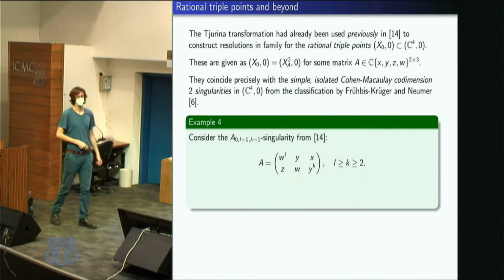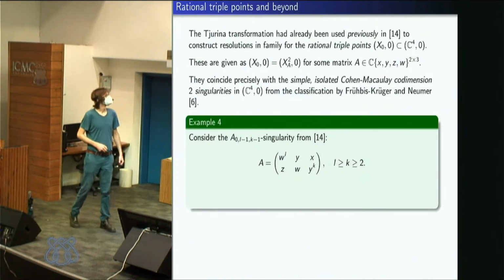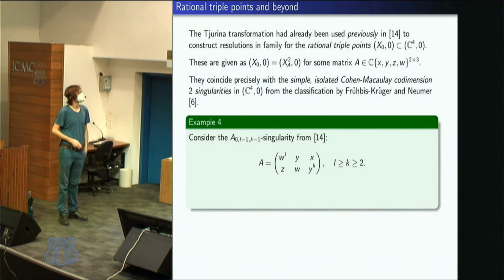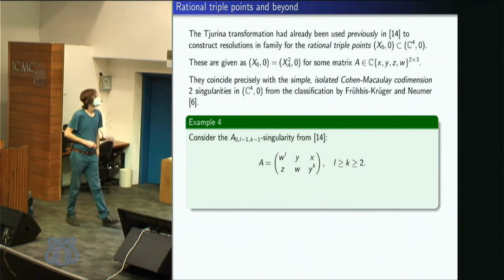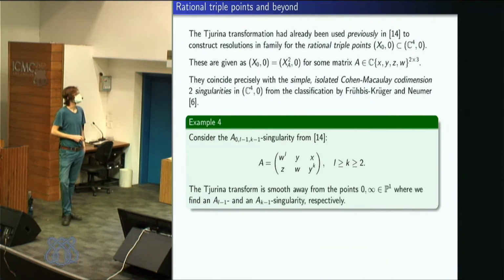And here I brought you one example for this. This is a matrix for a rational triple point. And you just plug in your favorite values for these integers L and K, and you get one of these rational triple points.